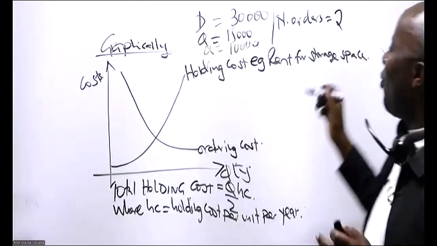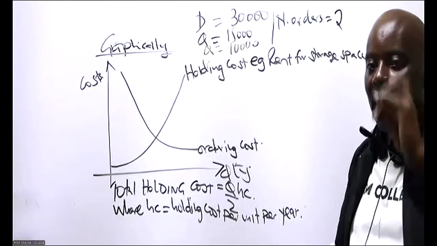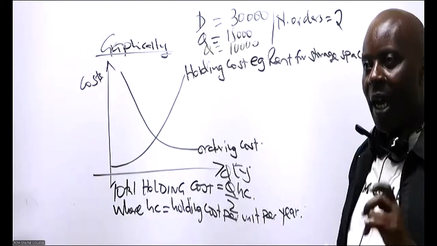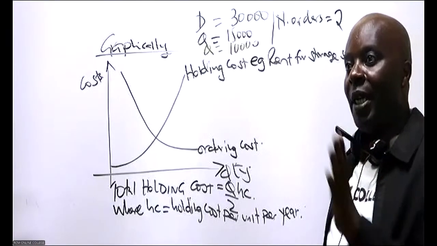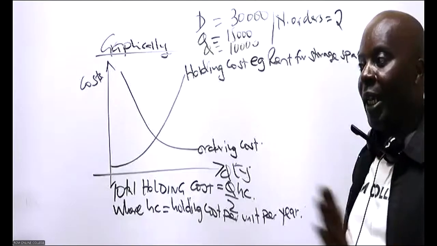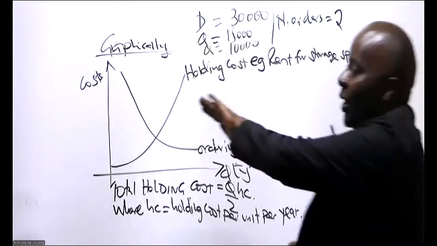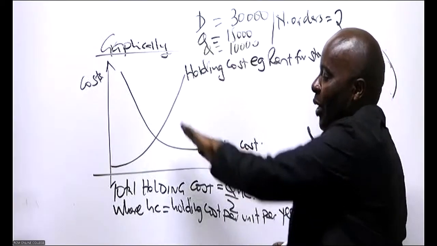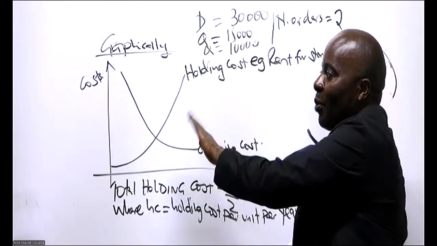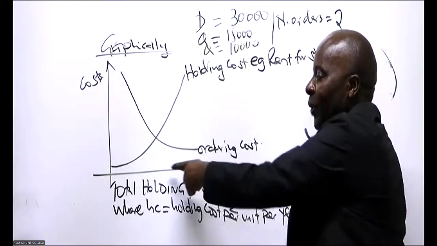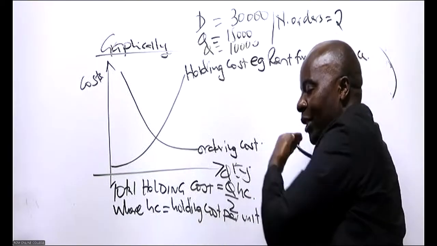So to get number of orders, we normally take D divided by Q. The bigger the order size, the fewer the number of orders. That is why the ordering cost is inversely proportional to the quantity. Quantity is increasing, but the order cost is going down.